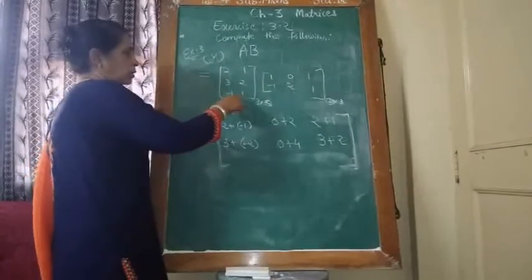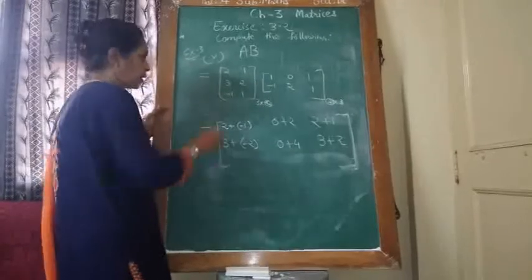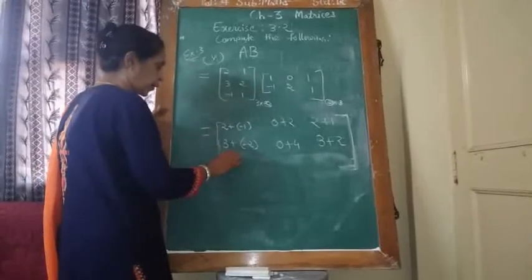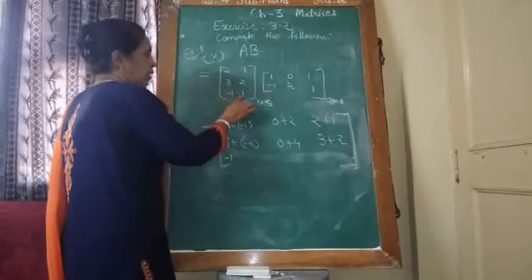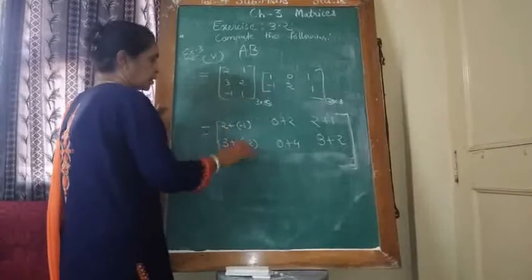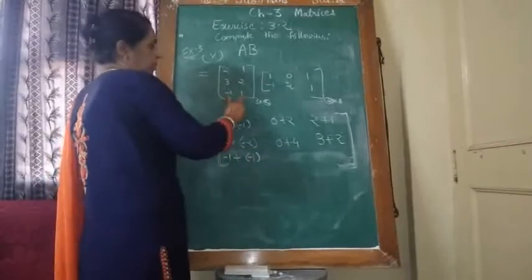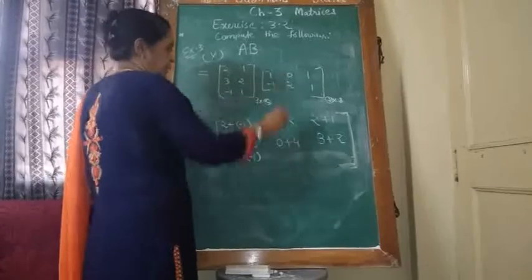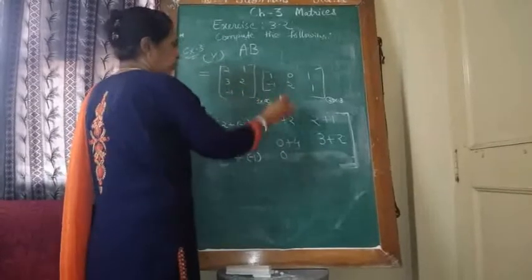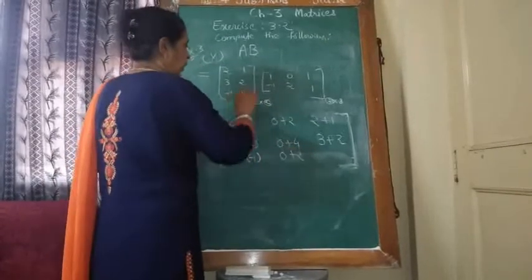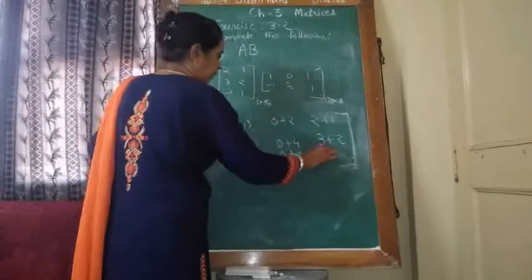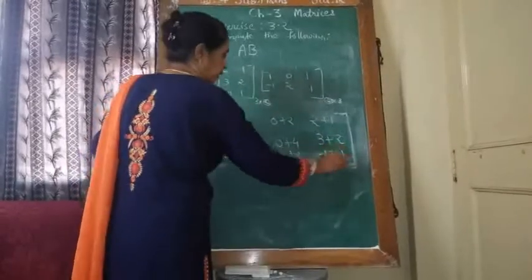Okay? Third row and first column, minus 1 1. Product is minus 1. 1 plus minus minus 1. Third row, second column, minus 1 into 0, 0. 1 2s are 2. Minus 1 with 1 is minus 1 plus 1, 1 1s are 1.